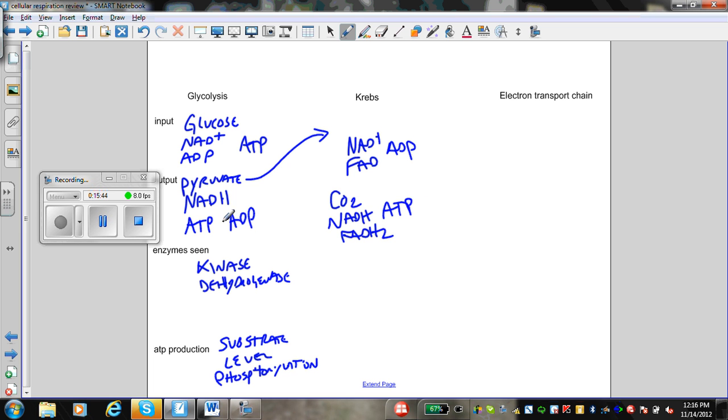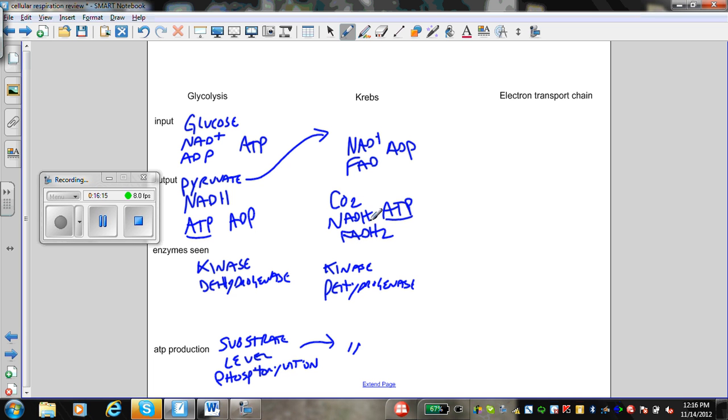So we're getting ATP here, we're getting ATP here, we get a whole lot of ATP over here in the electron transport chain. Enzymes seen, once again, same ones, kinase and dehydrogenase. And the only way we made ATP here is, once again, substrate level phosphorylation. Okay? Remember, the goal is we're making lots of these things, CO2, NADH, and FADH2.